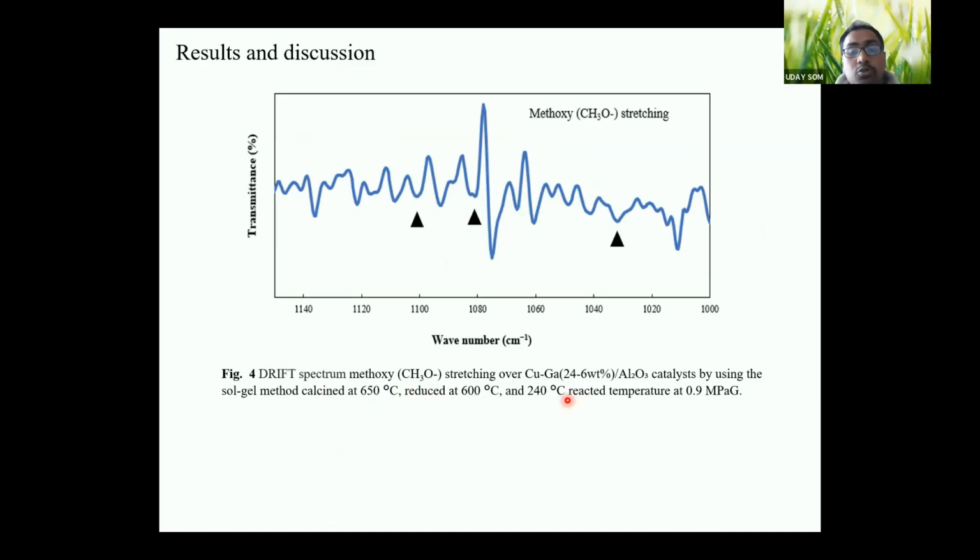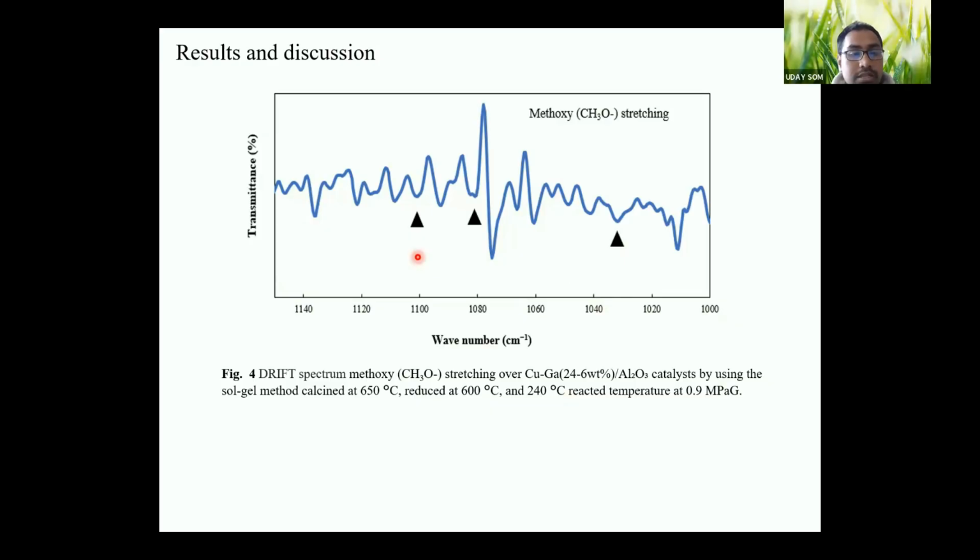FTIR is a fast and non-destructive technique for quantitative and qualitative analysis of different components. The methoxy species peaks are at wave numbers 1031, 1082, and 1100. The methoxy peak was increasing with the absorption of carbon dioxide flow rate onto the catalyst surface.